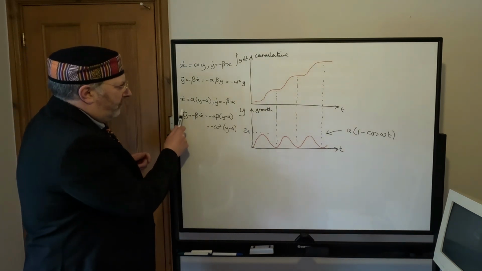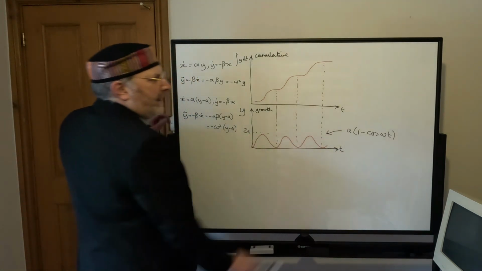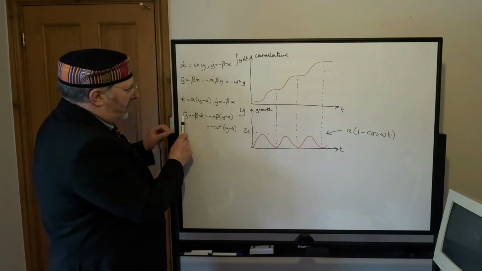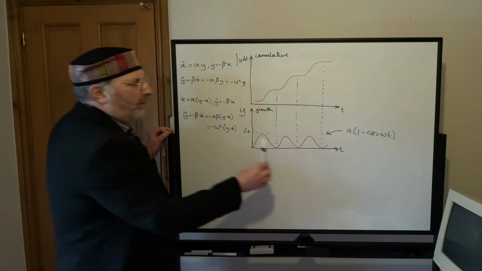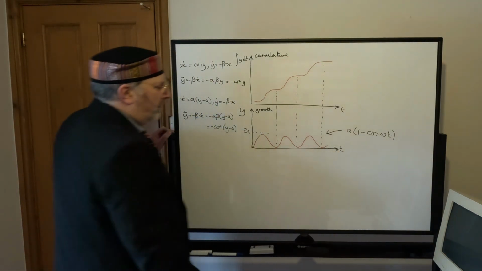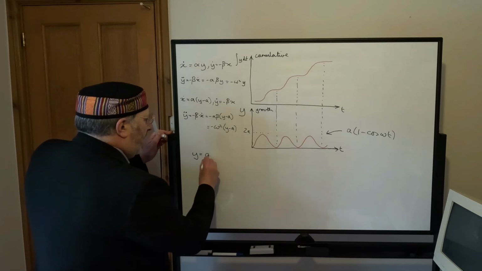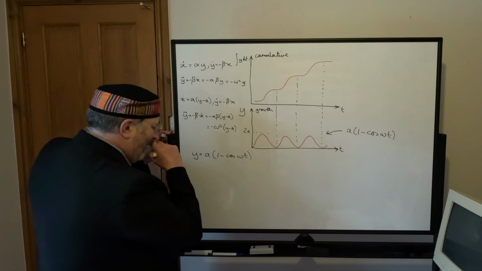So I said that if we had started with these, this would be the equation that results. Well, what we've seen is if we start with these, we get y double dot equals minus omega squared into y minus a. And what I'm going to show then is that this equation satisfies that. So we've got y equals a into 1 minus cosine of omega t.